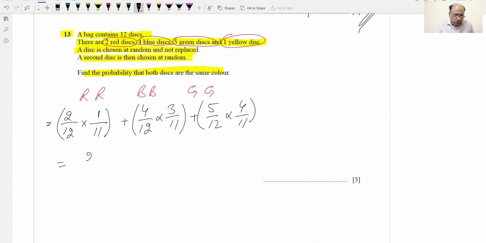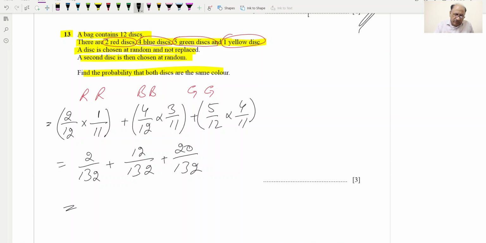So it will be 2 over 12 multiplied by 11 will be 22, so it will be 132. So we can write the denominator as 132 plus this will be 12 over 132 plus this will be 20 over 132. So the denominators are the same, we can add the numerators.